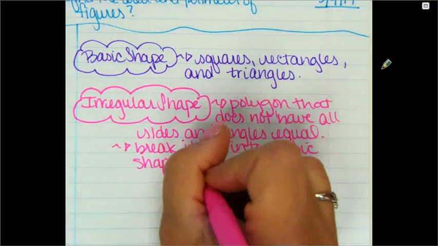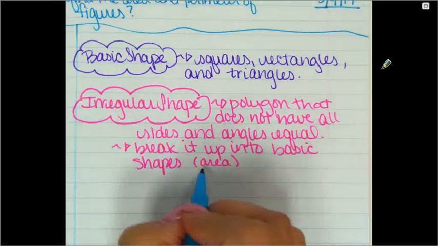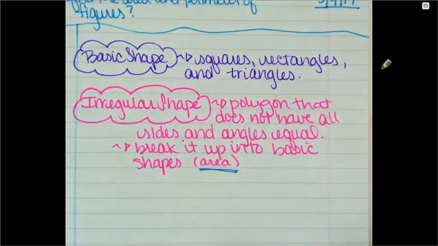This is really defined area. Perimeter, we don't have to break up anything because we're just counting the outside. For area, though, we do need to break it up.